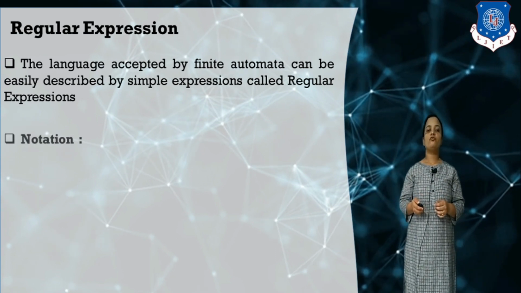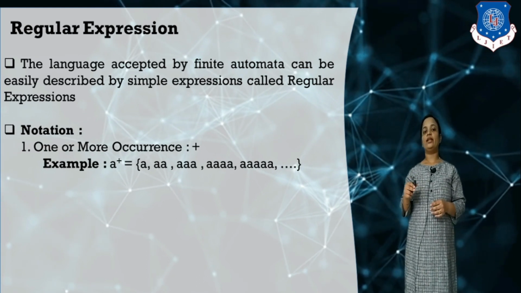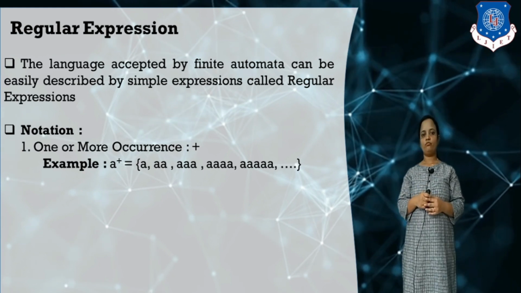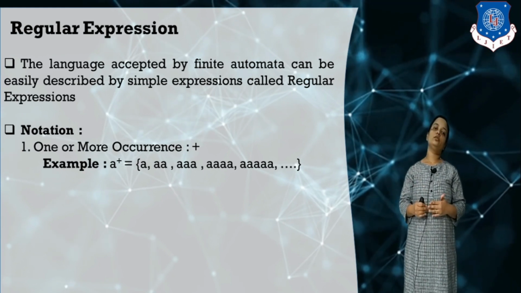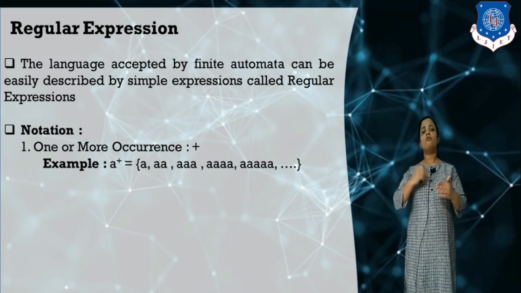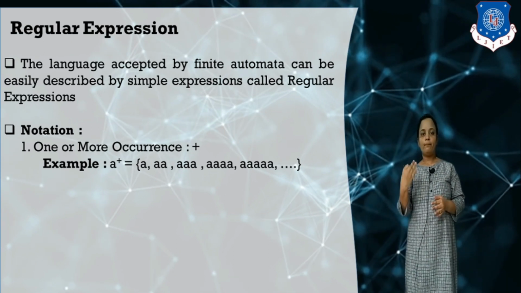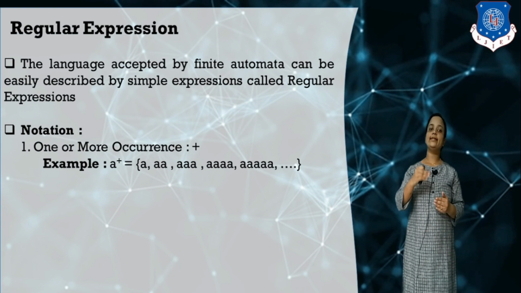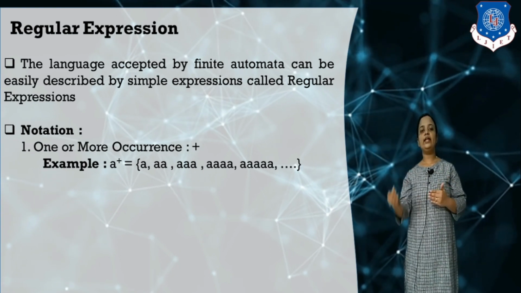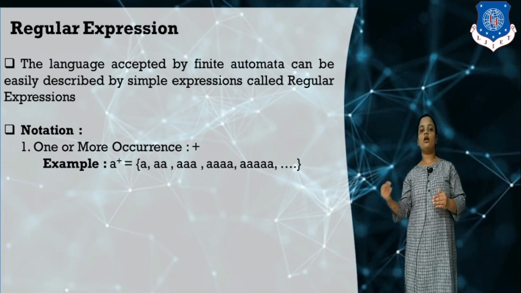So, the first notation is the plus symbol. When this symbol appears in a power, like a raised to plus, what does it mean? This is a regular expression, a raised to plus. When the symbol appears in a power, the plus symbol indicates that the set of strings generated contains the letter a repeated one or more times.